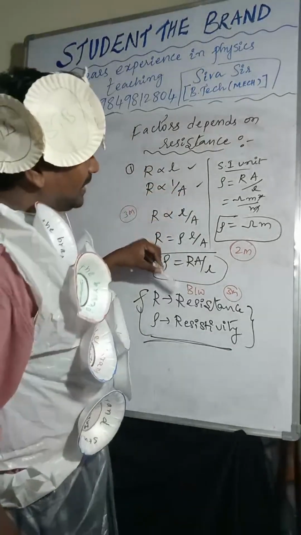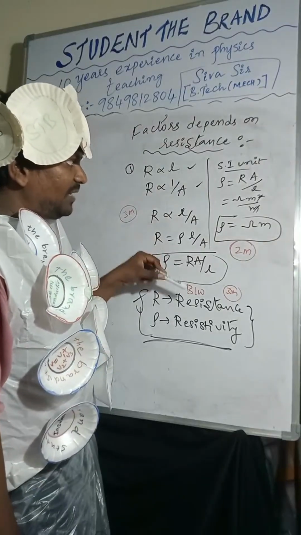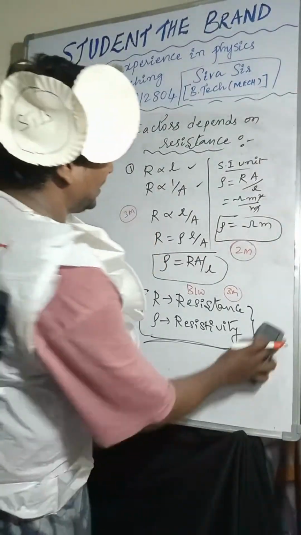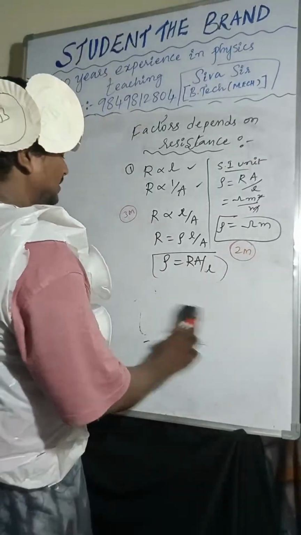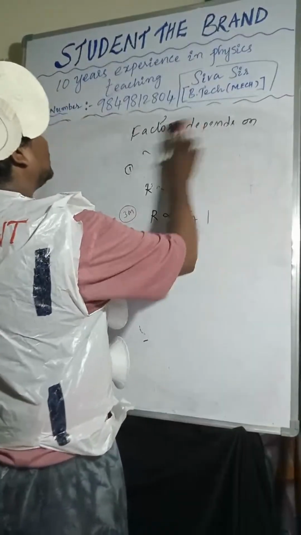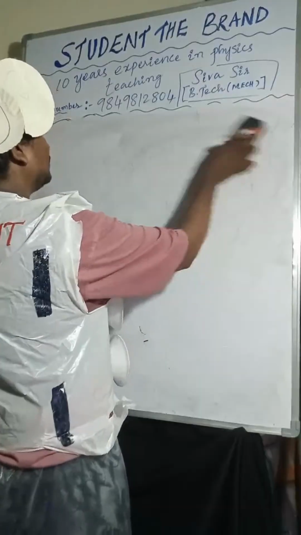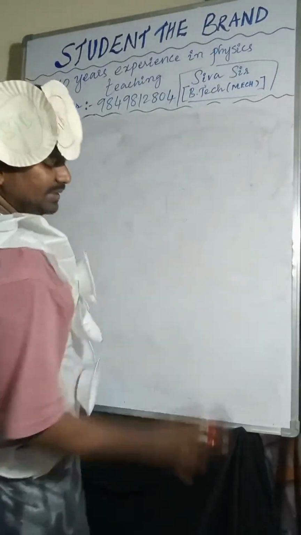And here you can see resistance and resistivity. I will explain these points. Just you can see the factors that resistance and resistivity depend on.